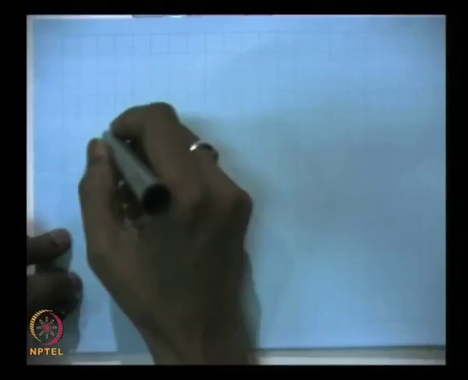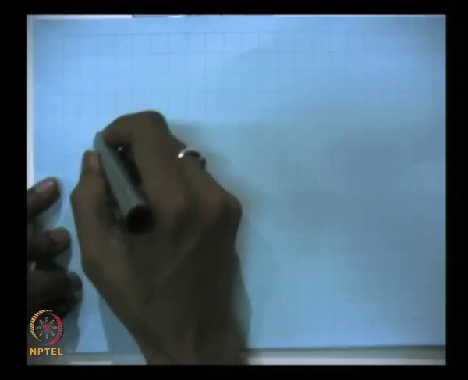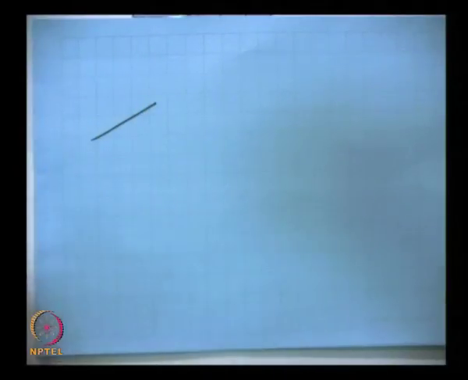Okay. So, let me do one thing. Let me switch over to a slightly larger paper. I will switch over to this one and leave this aside. I can draw it more easily here. I have these line segments.